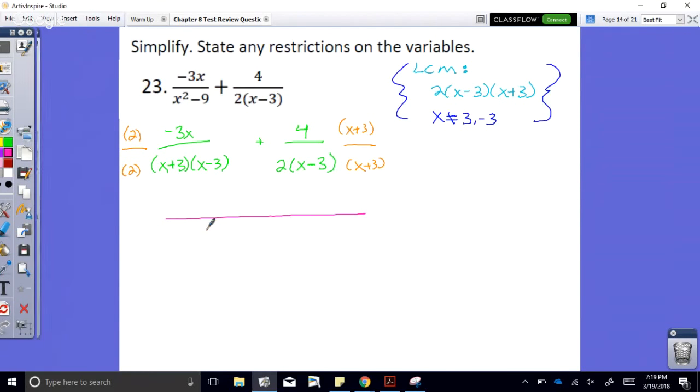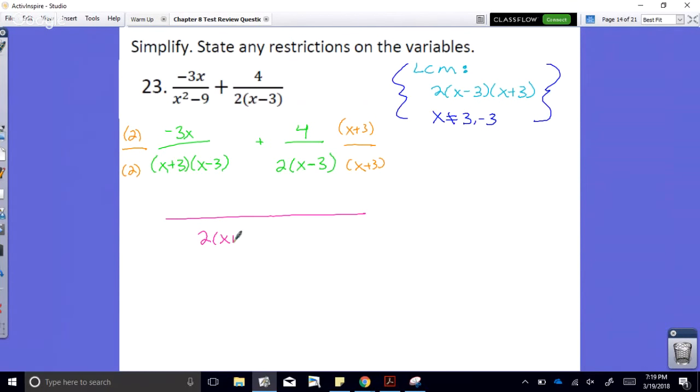This now allows us to write this as one big fraction. So my denominator is now 2 times x plus 3 times x minus 3. In the top, I have 2 times negative 3x, which is negative 6x. 4 times x is positive 4x. And 4 times 3 is positive 12.